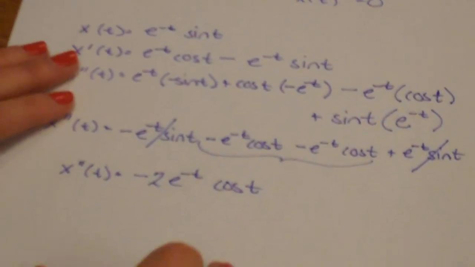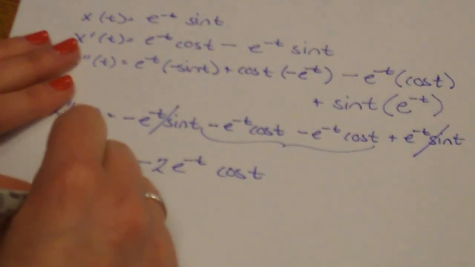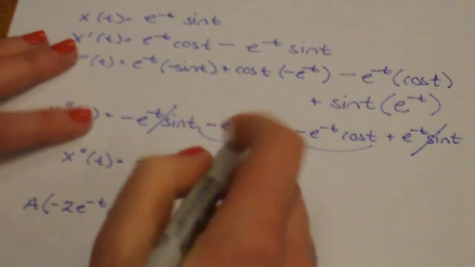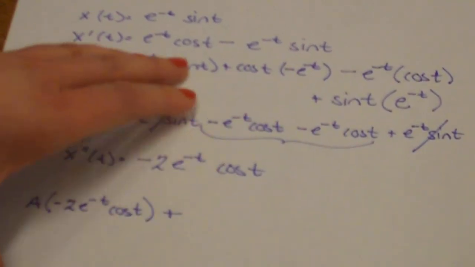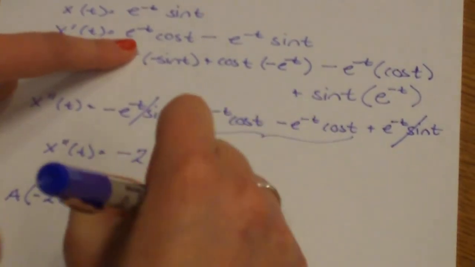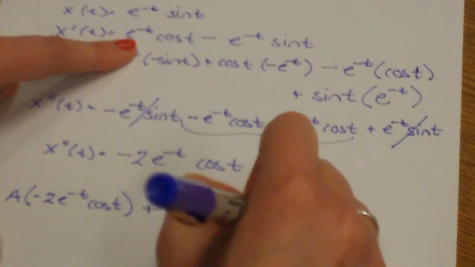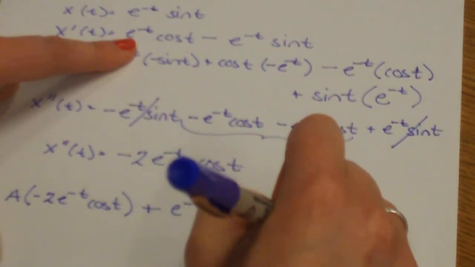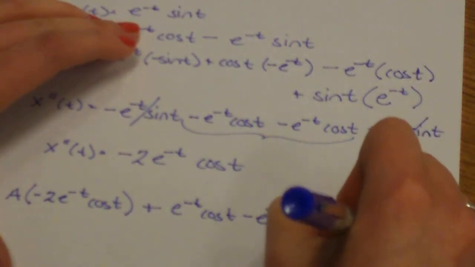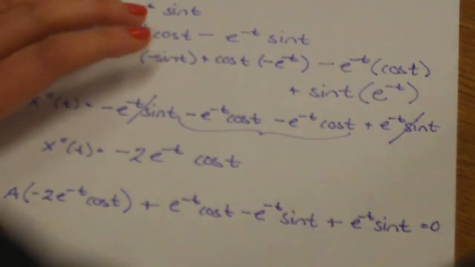So now I have to fill in my formula. A times negative 2 e to the negative t cosine t plus x prime, which is all of this up here, so plus e to the negative t cosine t minus e to the negative t sine t, plus the original function, e to the negative t sine t, is equal to 0.